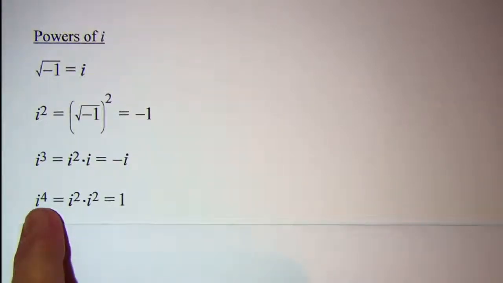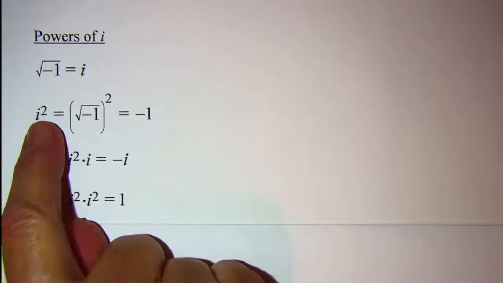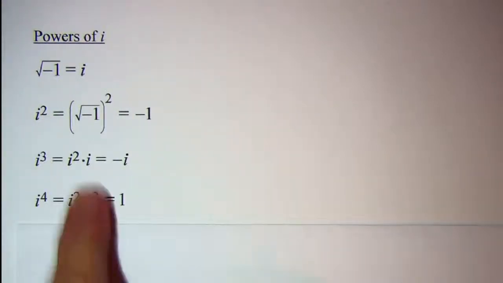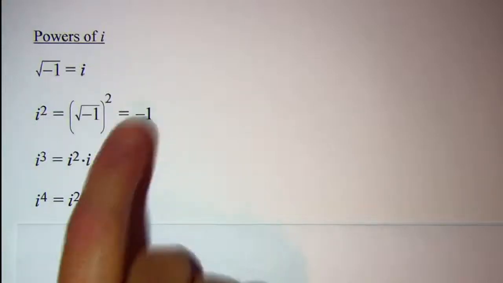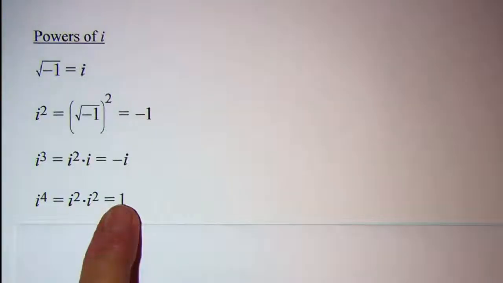And then i to the fourth is the same as i squared times i squared, which since i squared is -1, we know is -1 times -1, which is +1.